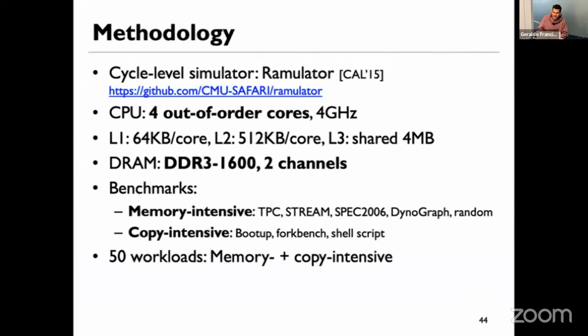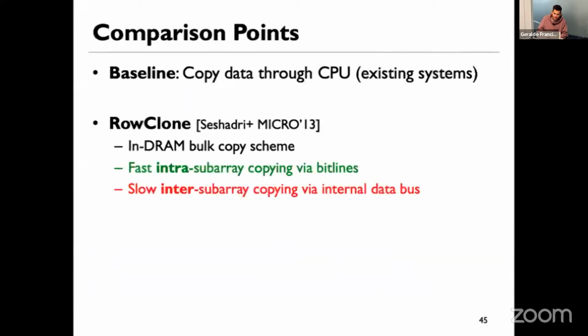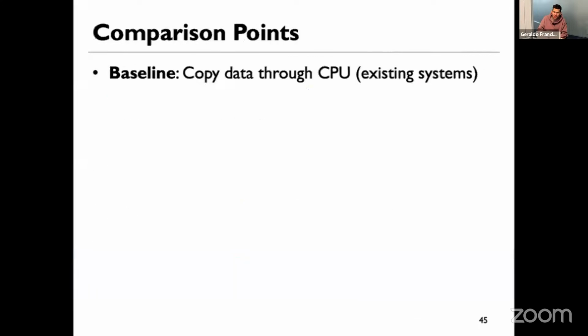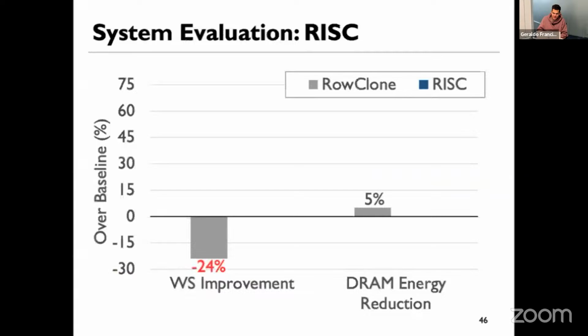So we evaluate this operation using Ramulator with some memory-intensive workloads and some workloads that also do row copy. The comparison points here are a baseline CPU that copies data through the CPU, and RowClone using fast inter-subarray copy via bitlines or slow inter-subarray copy via the internal data bus.